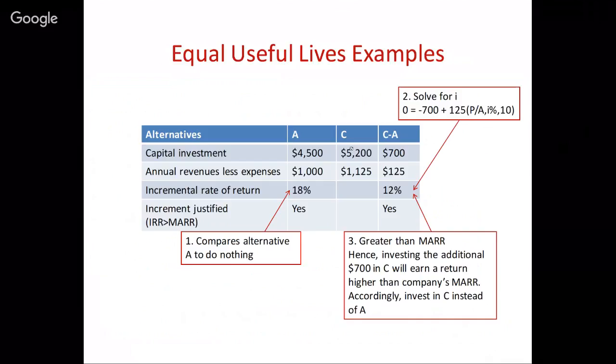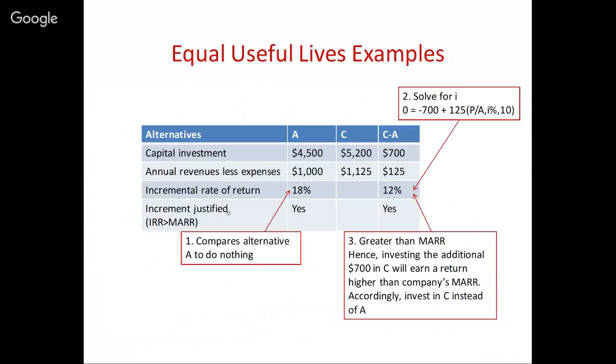Let's look at what's going on. Here we have our cash flows for A. 18% means A is an acceptable alternative, and we start with A because A is the cheapest. It requires the least capital investment.